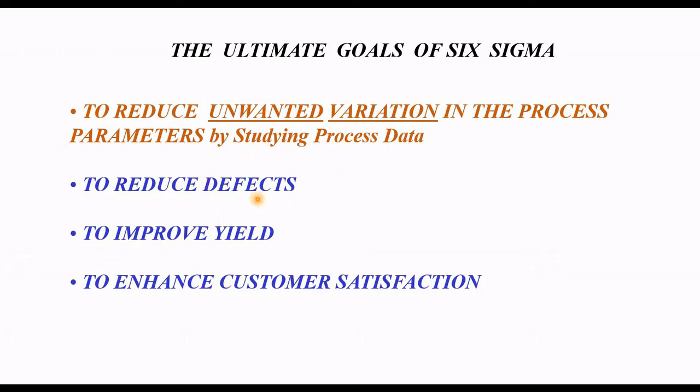If you have fewer defects, your production will be more because you have low rejection. Now, if you have fewer defects and production is more, you will have customer satisfaction. That is why I put all these three bullets in blue color, because these three are a result of kicking out the unwanted variation. So what we are really behind is to kick out the unwanted variation in the journey of Six Sigma.